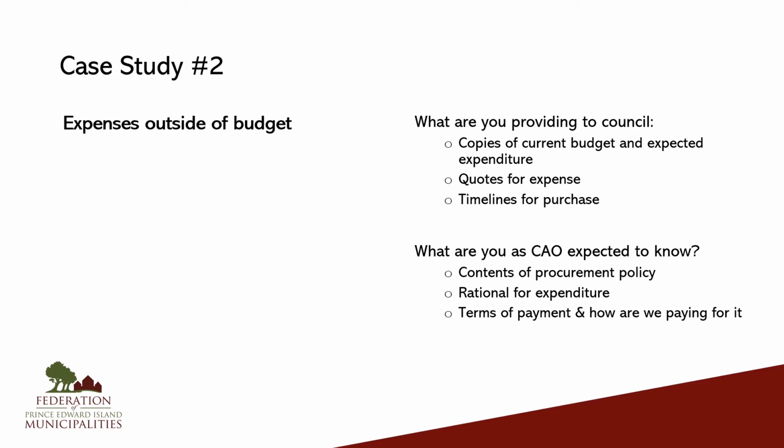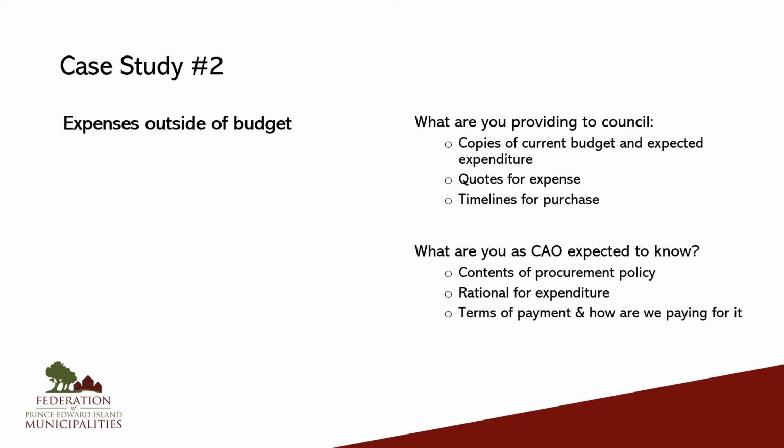As the CAO, on the other hand, you're expected to know what's within that procurement policy for the municipality. You'll also be expected to have a good rationale for the expenditure and have an understanding of how the expense is going to be paid for and what those terms of payment could look like. So in the example of an expense outside of budget, you would have to go to your budget and look at where could we perhaps make up for this expense on other budget lines.